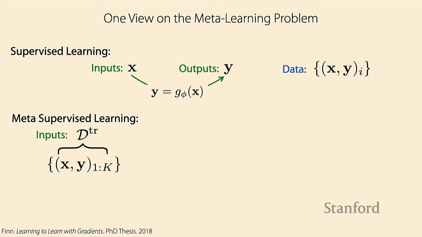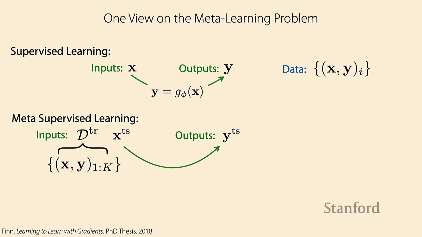In addition to a training data set for that task, we're also going to have a new test input that we want to be able to make predictions for. The training data set is essentially what was in the green box on the previous slide, and the test example is one of the things that was in the blue box on the right. And then we want to predict the label for this test example.